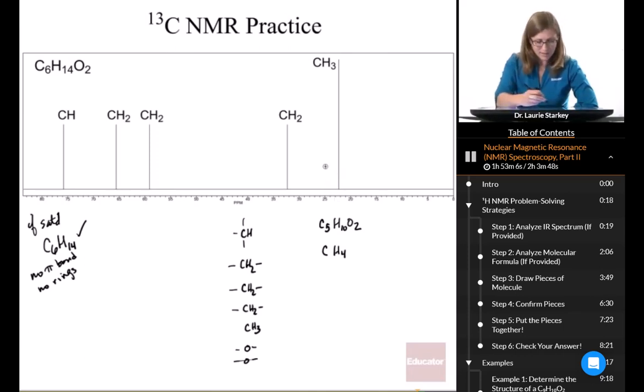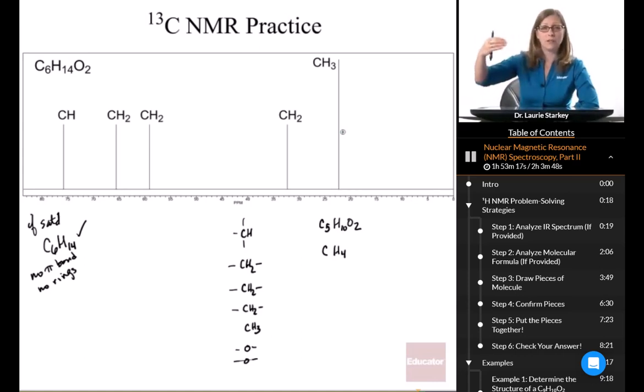But in these generated spectra, this is a bigger peak because there's more than one methyl group contributing to it. So just like the area under the peak is proportional in the proton NMR, the same is true for the C13 NMR, but we're not given integrations in this case. So you wouldn't know for sure, other than maybe seeing a difference in the size, exactly how many methyl groups there are.